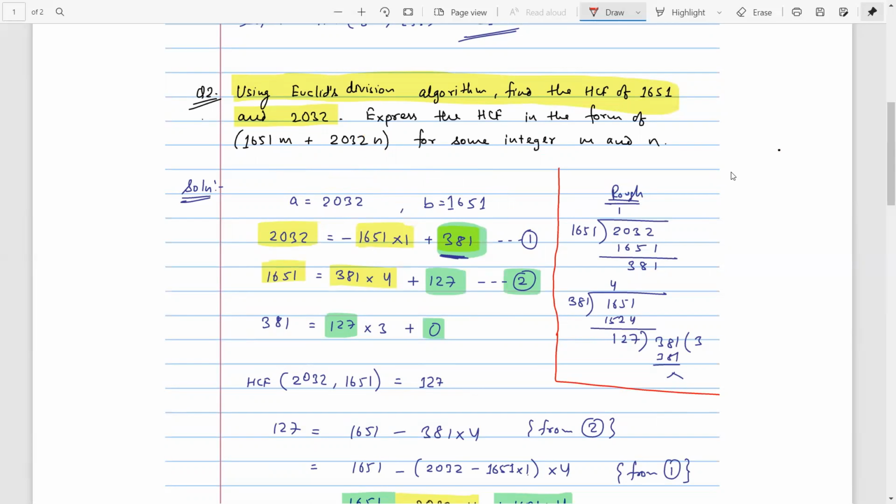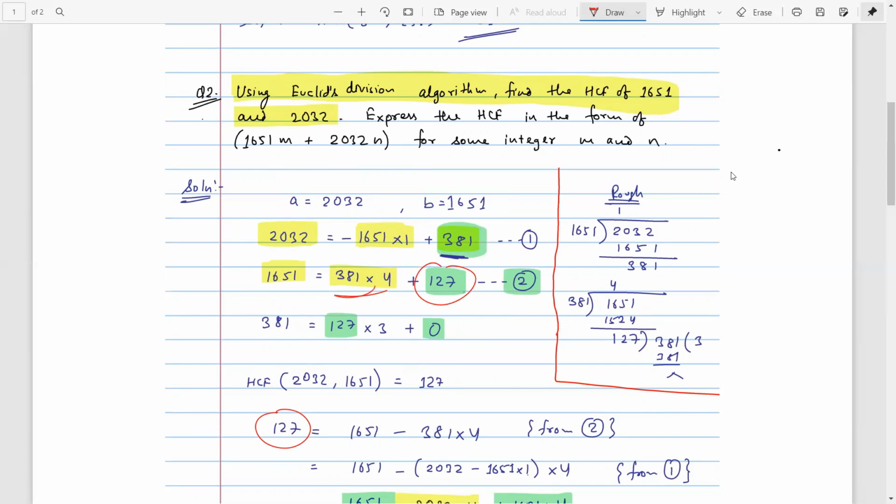So what I was saying is, in the Euclid's division algorithm, we had taken up these steps, right? I'm calling this step the first equation and this one the second equation. You would never need this last one because the remainder has become 0 over here. So as you can see, 127 was our answer, the HCF. So I am taking this second equation to write 127 is equal to what? This is just an equation, right?